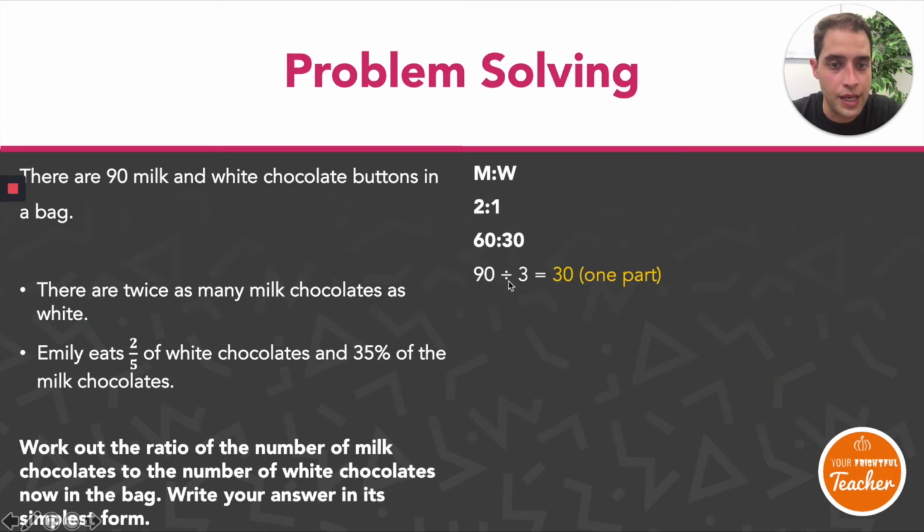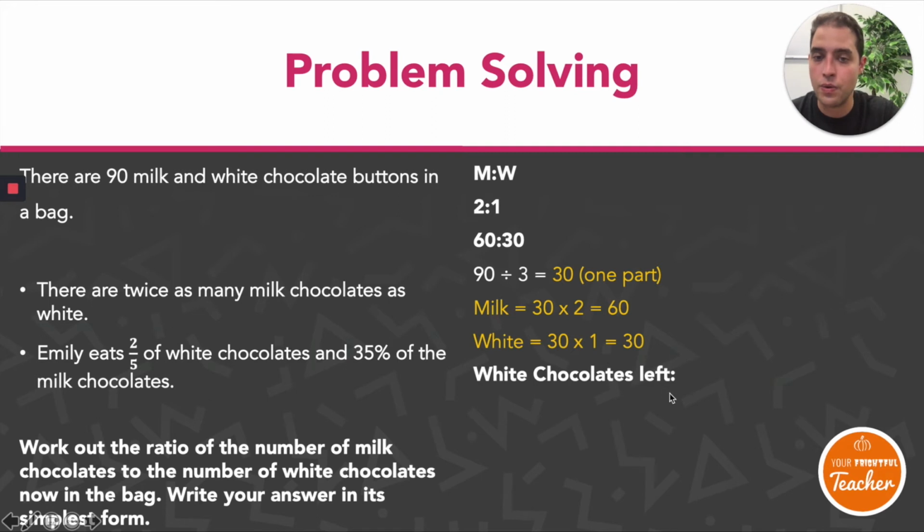So 90 divided by 3 equals 1 part. So for the milk, 30, the value of 1 part, times how many parts of milk there is, which is 2. That gives us the 60. And for the white, it's 30, the 1 part times 1. It only has 1. 30. It's the same, right?